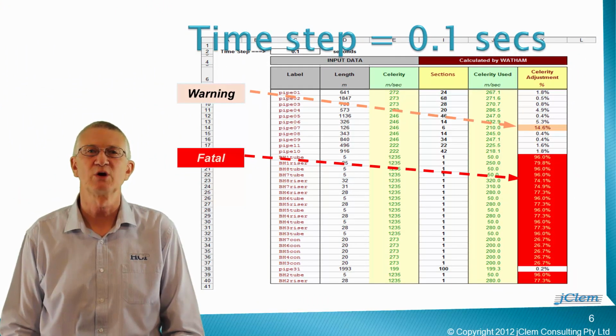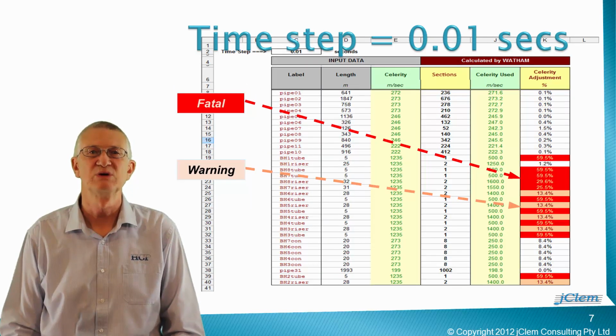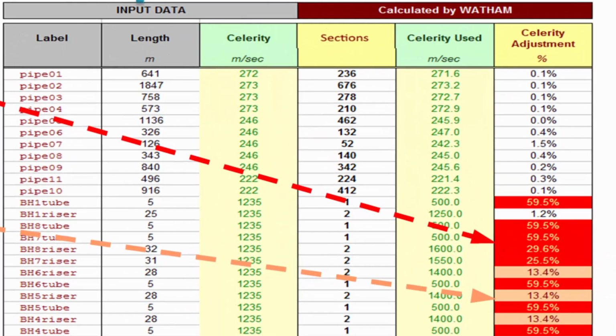So let's take a look at how WATHAM would respond using a calculation time step of 0.01 seconds. We still have some short pipes with only a single section in the sections column. In the percentage celerity adjustment column, we can see that the celerity that WATHAM will use for the longer pipes is very close to the celerity specified by the user.